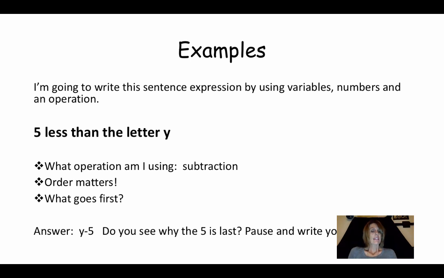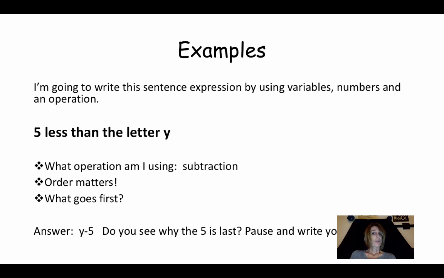So in this case, you have to have y in order for me to take 5 from it. So 5 less than the letter y says that I have y, and then I'm taking 5 from it. So now y has 5 less than it did. So y minus 5 is the correct answer, and 5 minus y is not.